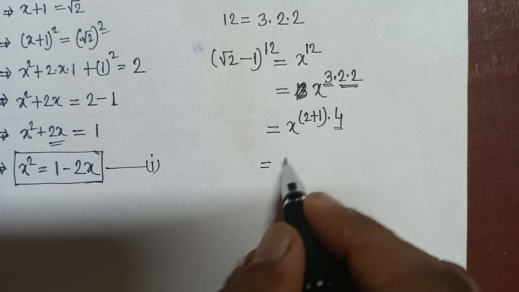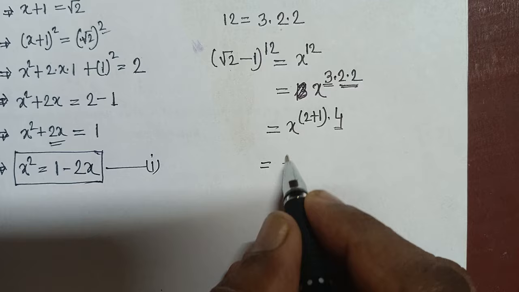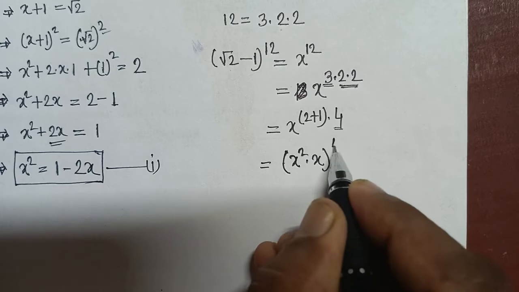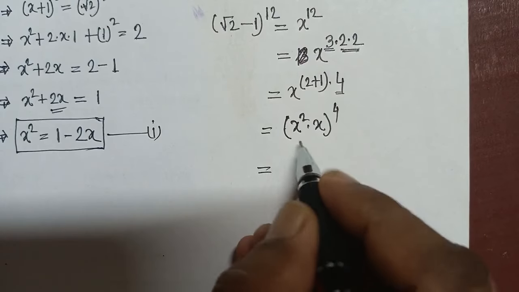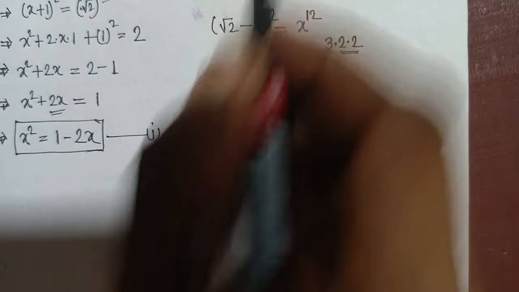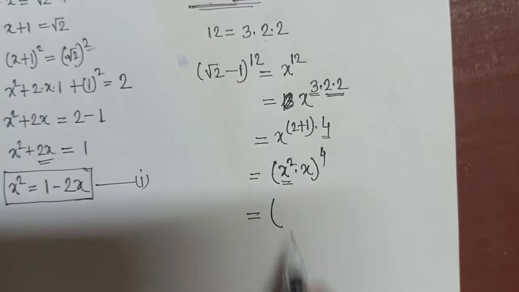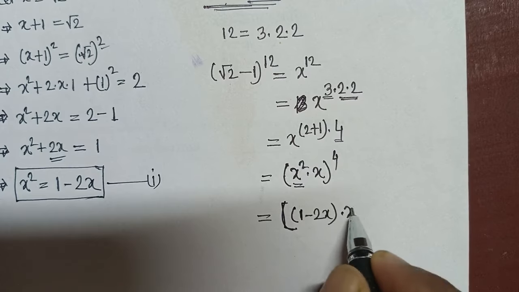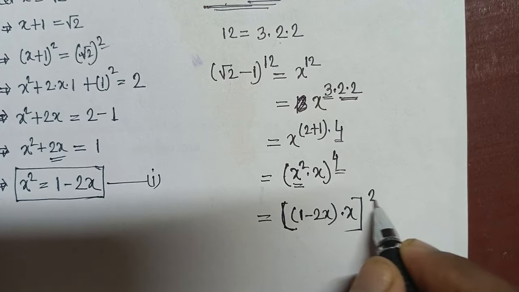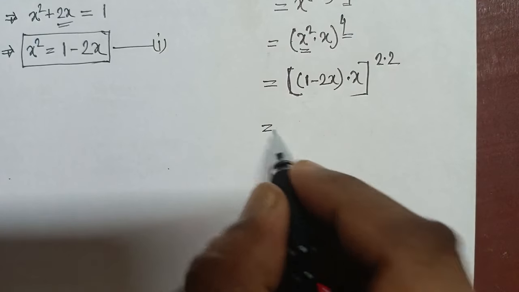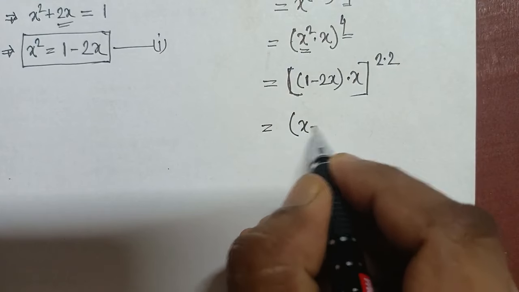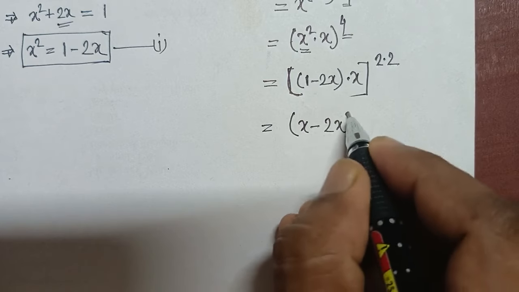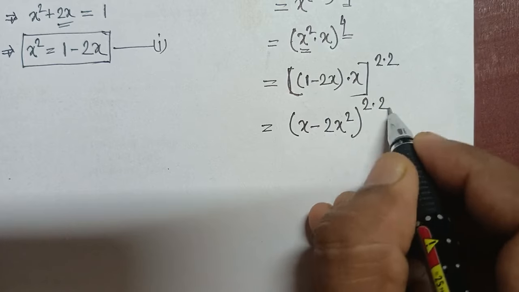So now we can write x² into x^4, and this x² we can write as 1 − 2x. I have just replaced x² with 1 − 2x, and 4 can be expressed as 2·2. So we can write (1 − 2x) times (x²)² to the power 2.